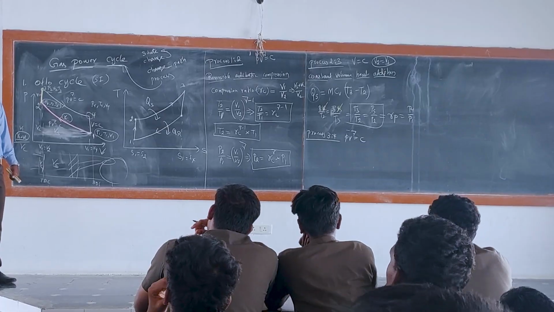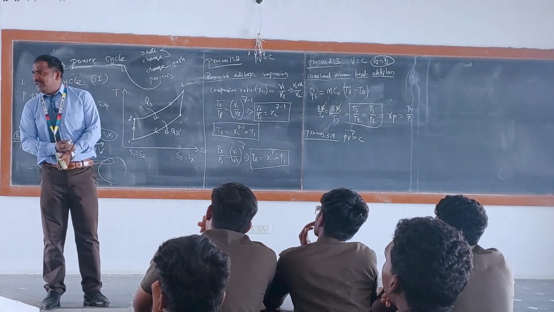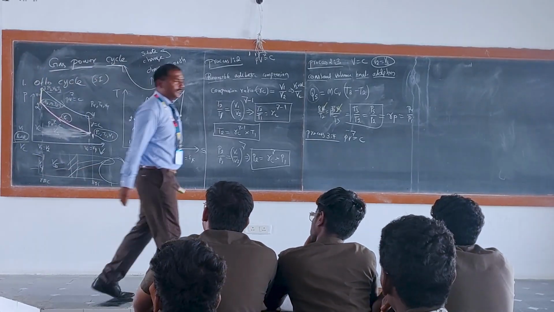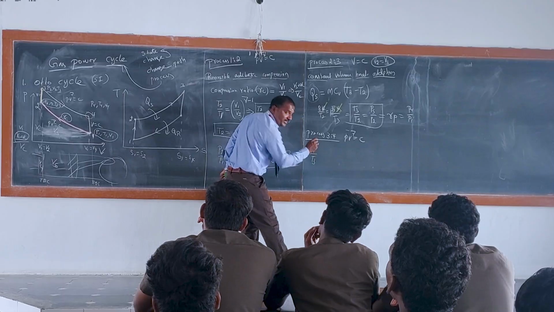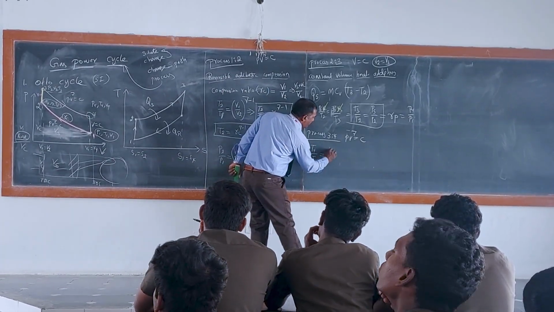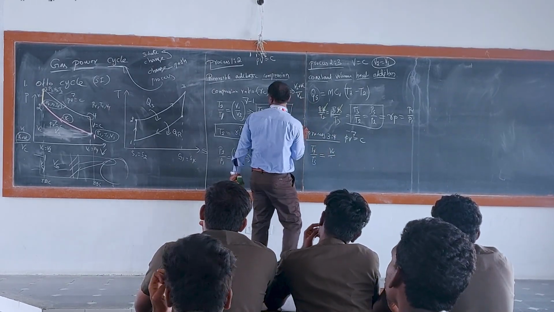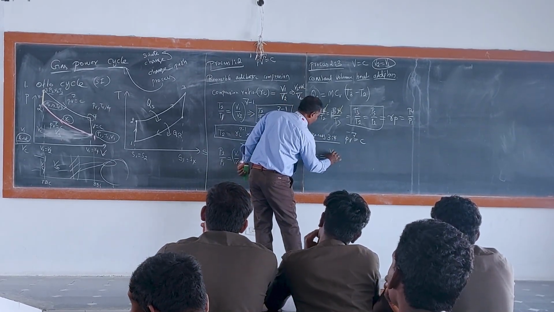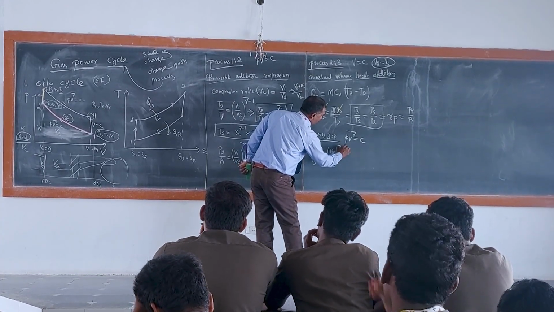Then what do we need to do? T4 divided by T3, I need to have T4, that is equal to V3 divided by V4 whole power gamma minus 1.